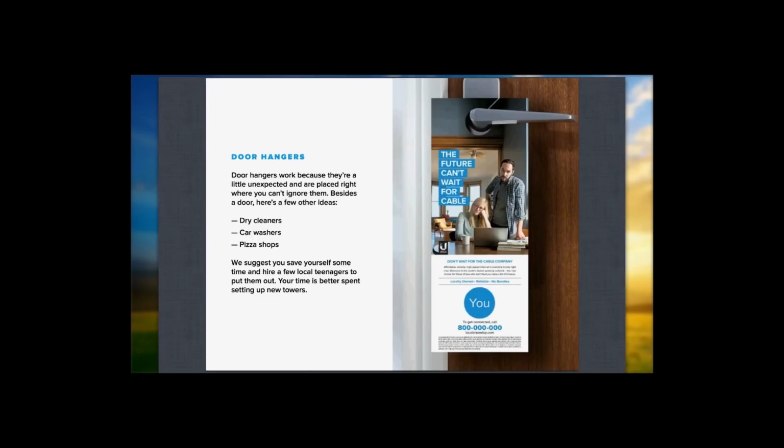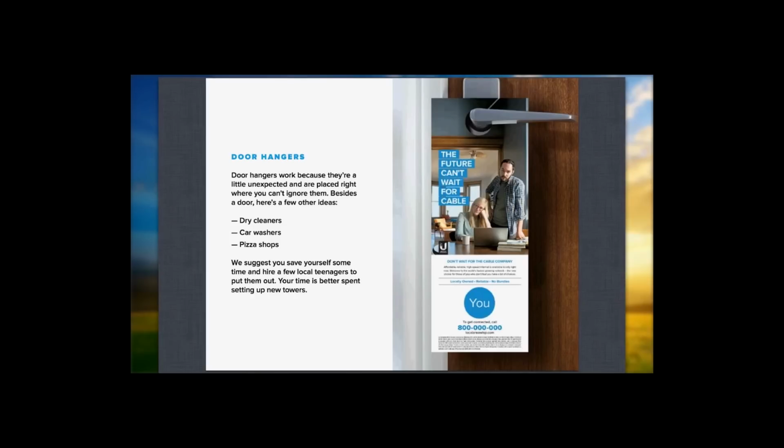Make sure you follow up with them, so you can probably drive the neighborhood to make sure you see the door hangers up. Or even better, give the college kids a piece of the action on every lead, so you can ensure that when they distribute the door hangers and talk to people, you're getting the leads.